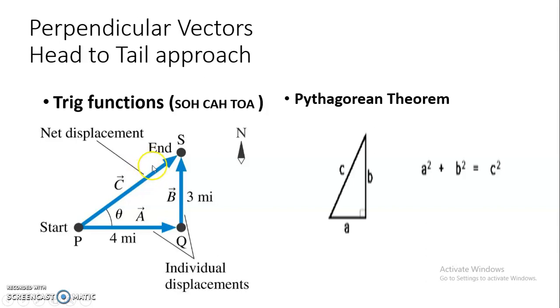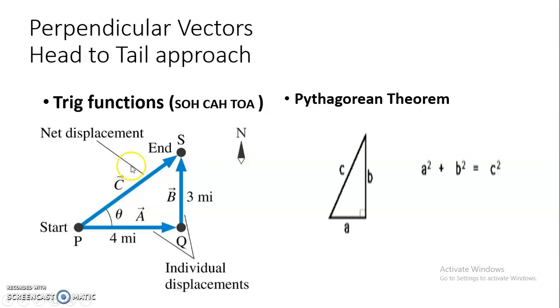So now we have our resultant as a diagram, but how do we calculate the value? To calculate the value, we use this formula, a squared plus b squared equals c squared, which basically means 4 squared is 16 plus 3 squared is 9, plus gives 25, square root, which gives us 5 miles.